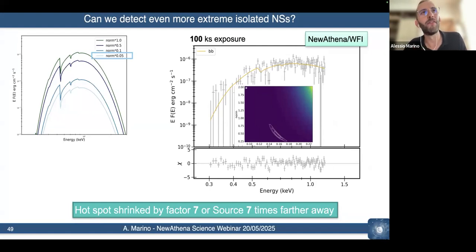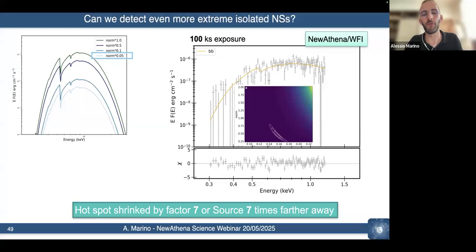And reducing normalization by a factor of 50 means either shrinking the hotspot size by a factor of 7, or putting our sources 7 times further away from us. So really unlocking a new population of neutron stars which are just a little bit farther away from us than the ones that we know.